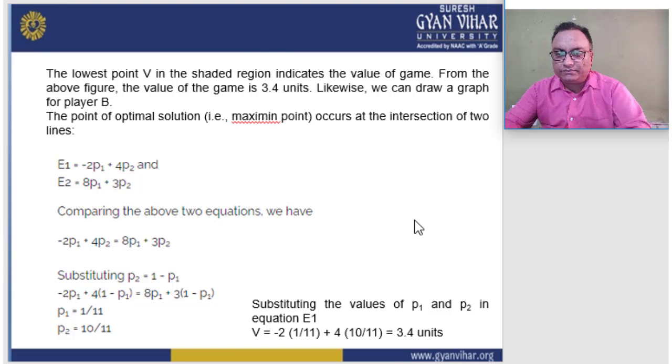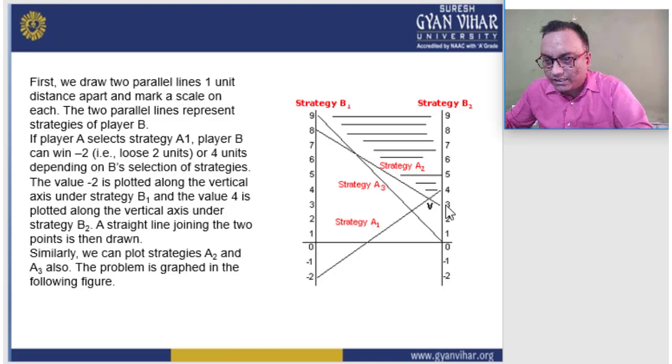For this value of game, the value of game is here 3.5, 4 units. Suppose this point is in between 3 and 4, so the value of game is in between 3 and 4, right?